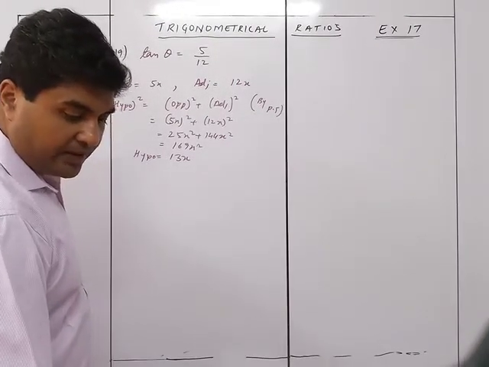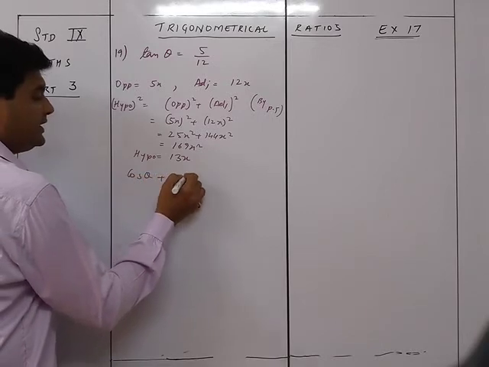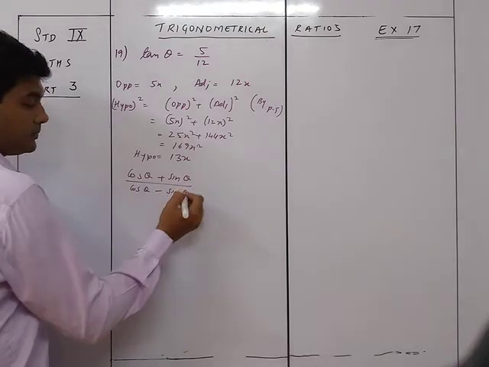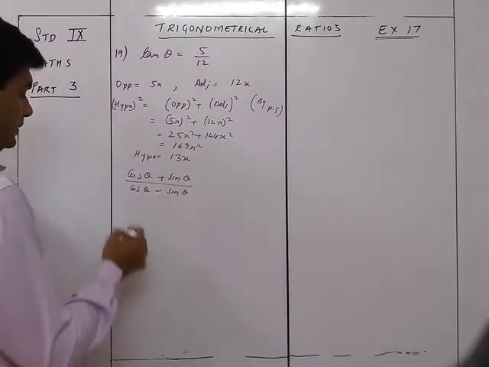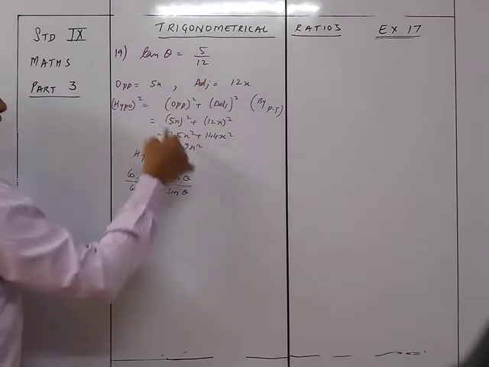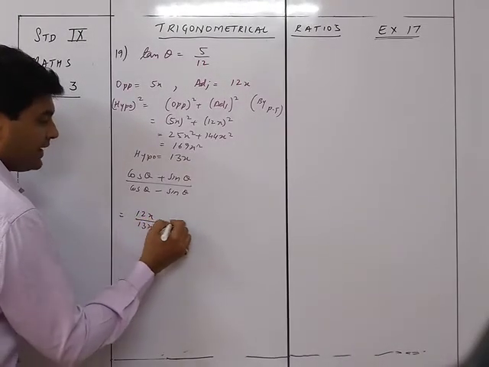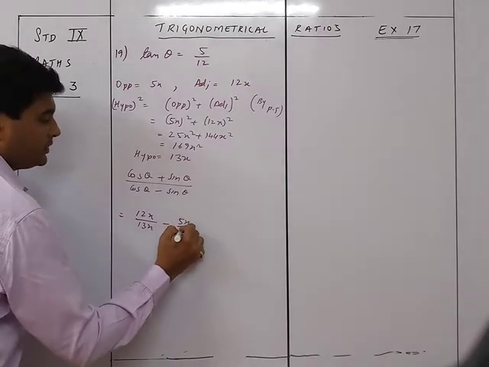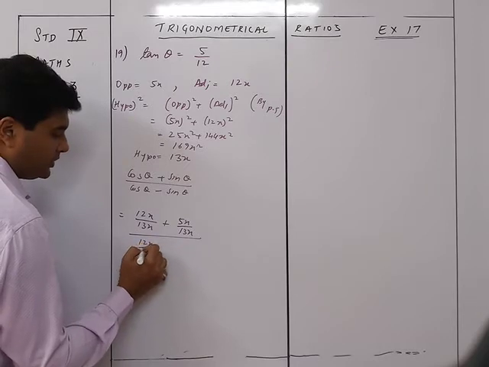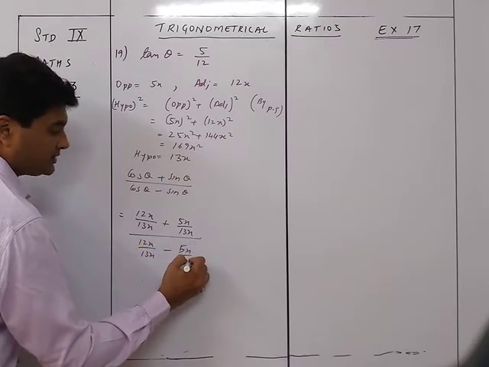We're done with this. Now we have to find out the value of cos theta plus sin theta upon cos theta minus sin theta. Cos theta is adjacent upon hypotenuse, that is 12x upon 13x, plus 5x upon 13x, upon 12x upon 13x minus 5x upon 13x.